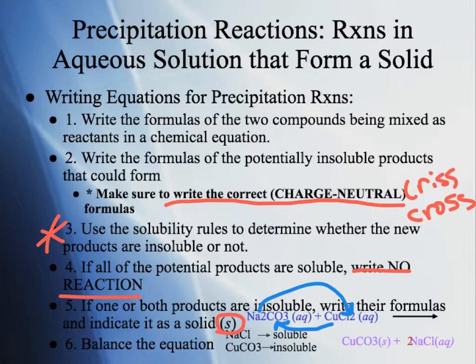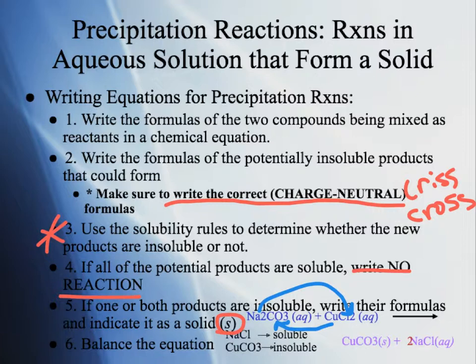Okay, well, if you look at the solubility rules, which I don't have up on screen right now, but if you looked back in your notes, you would see that carbonates are generally insoluble unless they're with the alkalis. Well, copper is not in the alkali metals.